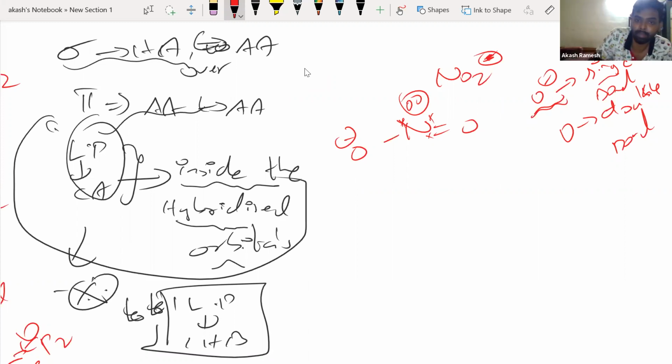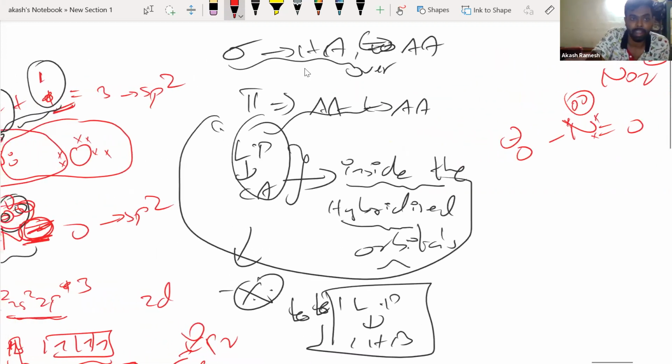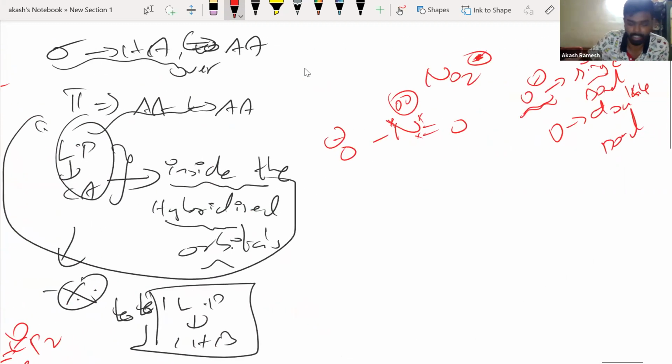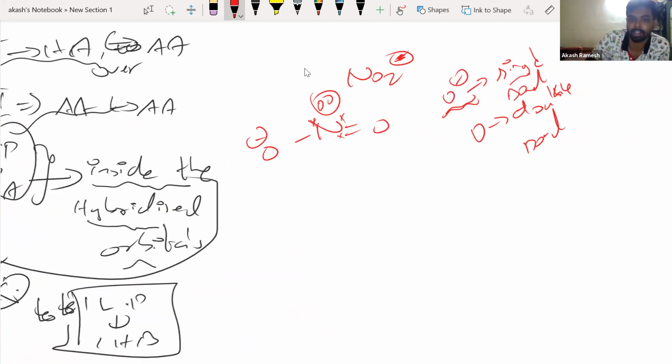Okay, right. So in the meantime, we'll look for another example for sp2 hybridization with a lone pair. Let me think about this. What should I take? Sp2.